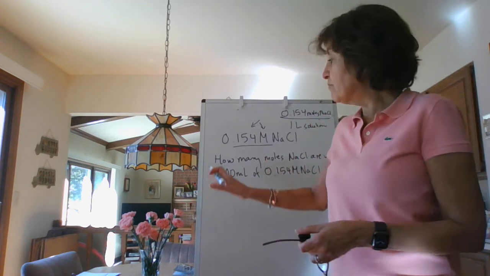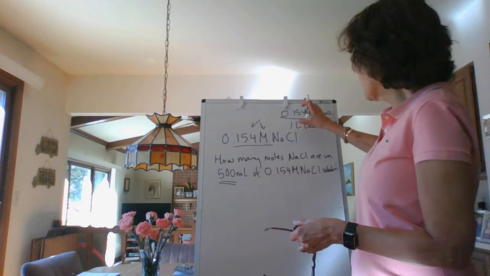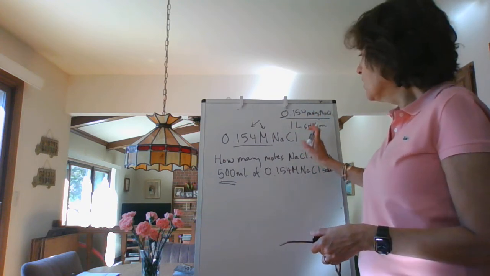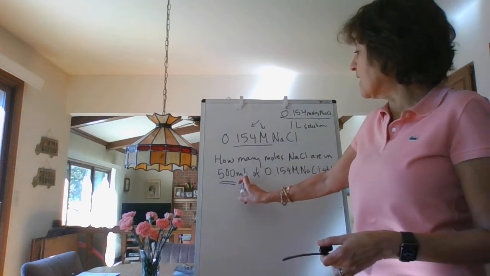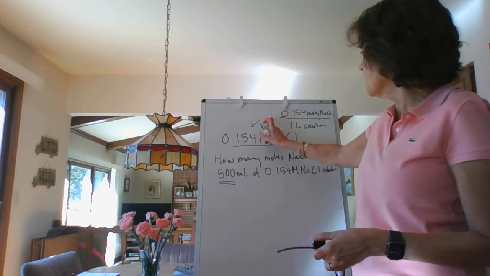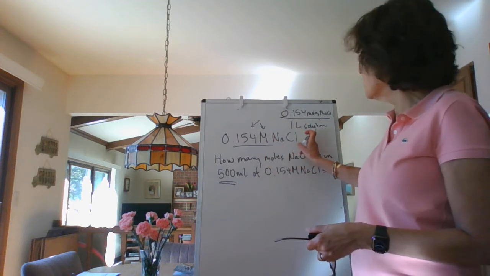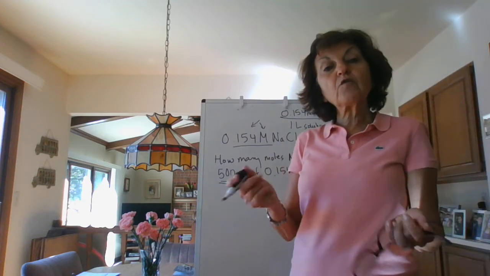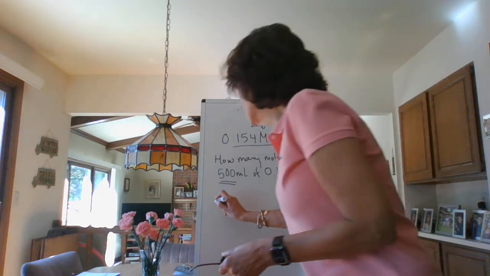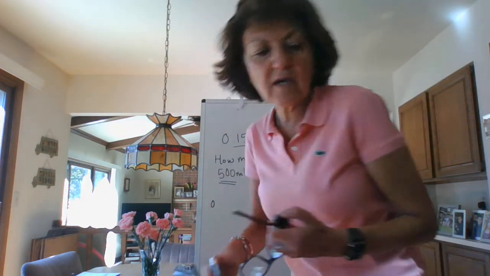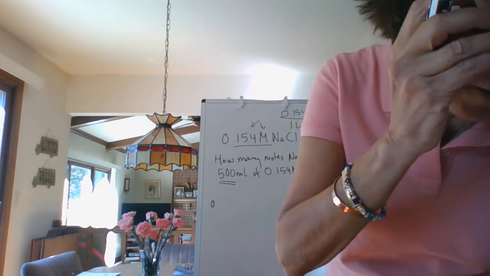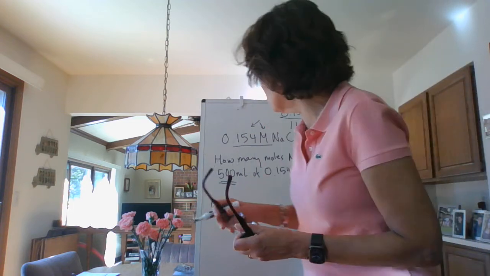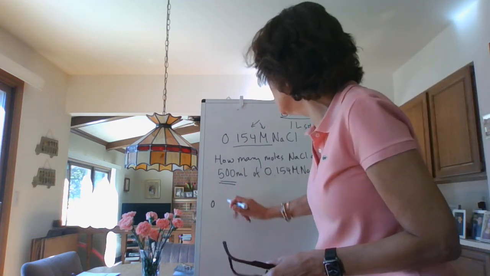We've been given volumes. We have this as a conversion factor. We're going to end up with moles. The only way to cancel out milliliters is if they're in liters, so that I can cancel it out using this conversion factor. So I'm going to change the 500 mL to 0.5. See, how many sig figs do they want this 500 mL to be? They want it to be 3 sig figs. So they want these two zeros to be significant.